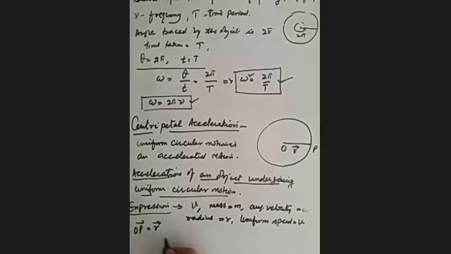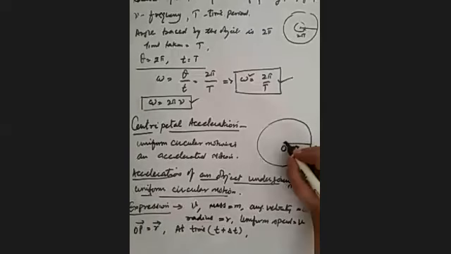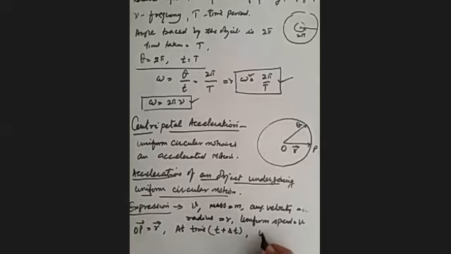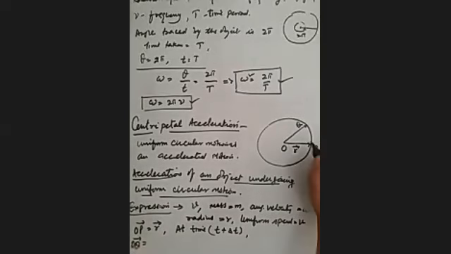Let us say after a small time interval delta t, that is at time t plus delta t, the position of the particle is at Q. So let us call this OQ vector as vector R2.